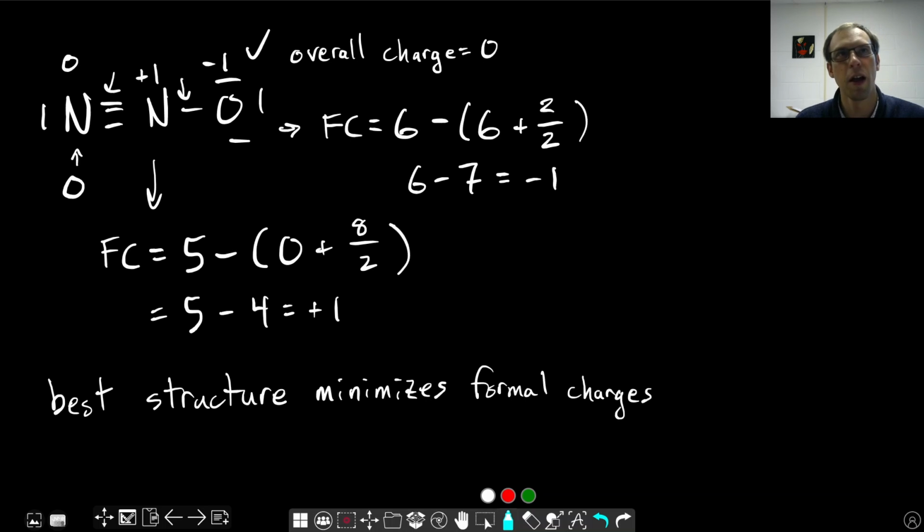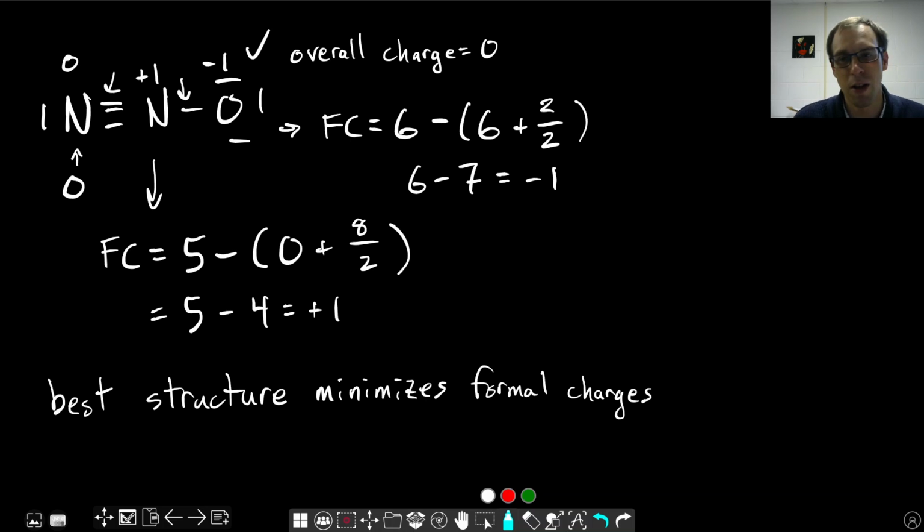There are numbers of electrons that atoms will prefer to have in this formal charge setup, and that matches up with them sharing the correct number of electrons that gives them the lowest possible formal charge. So the fact that this structure has a plus 1 and a minus 1 formal charge means it may not be the best structure.